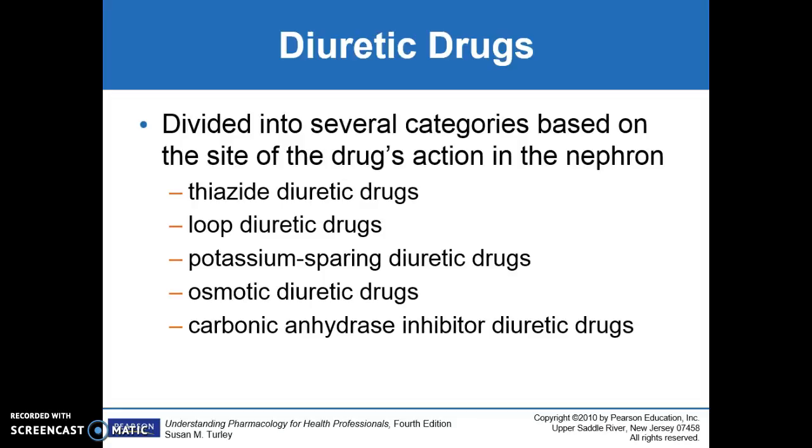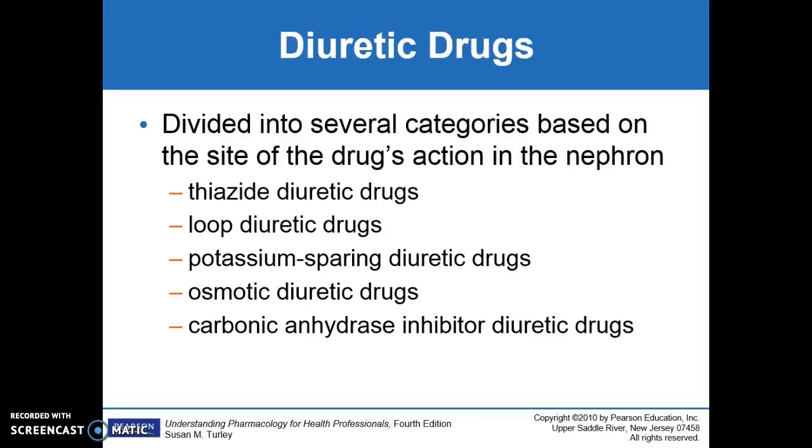A lot of times docs are going to try to prescribe the potassium sparing so that they can avoid some of the issues that come along with the other classifications of diuretics. There are some combination diuretics that take both into account, so that you don't have to worry as much about that. But a lot of times, any folks on these diuretics are going to be getting a lot of blood work done to make sure that their levels stay correct.